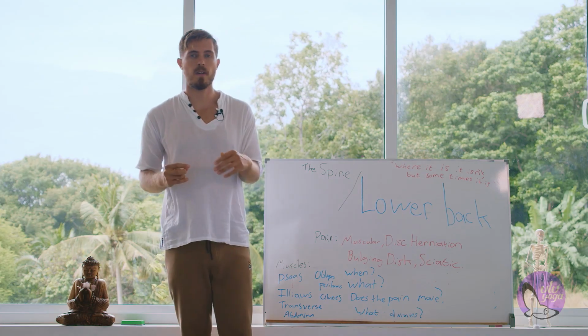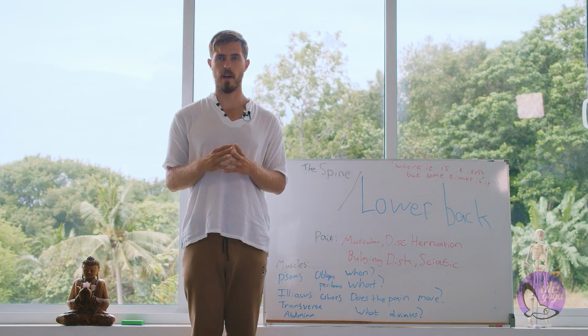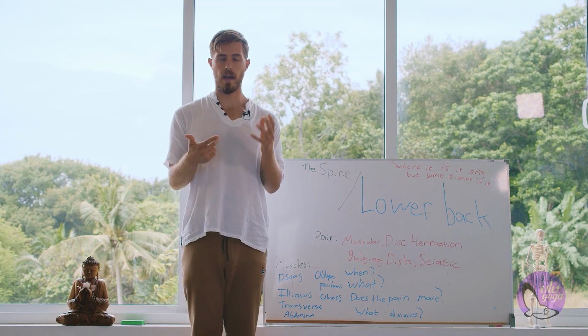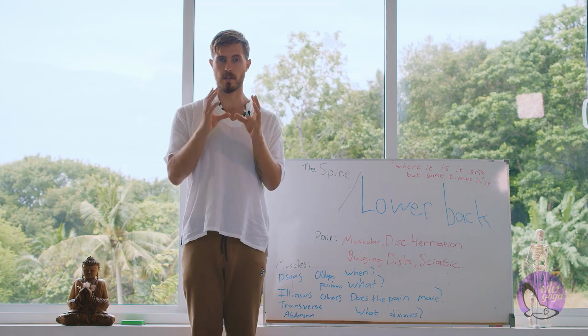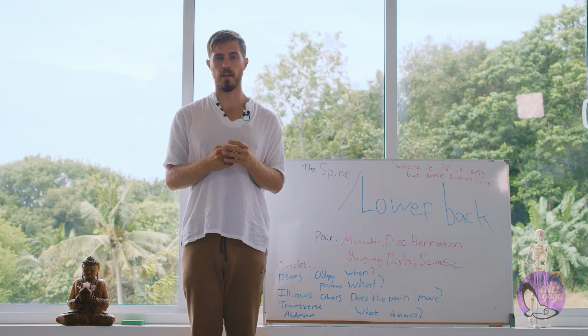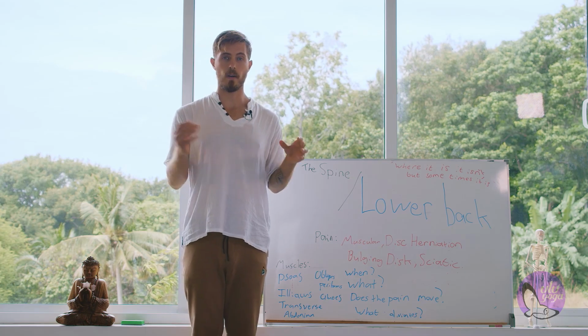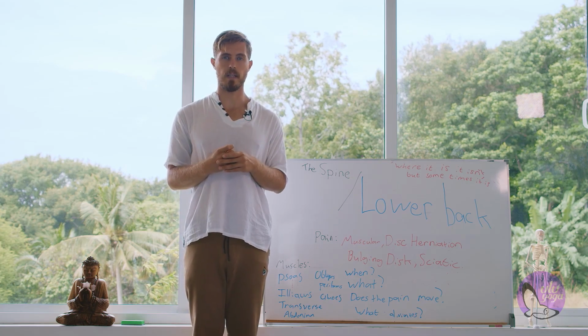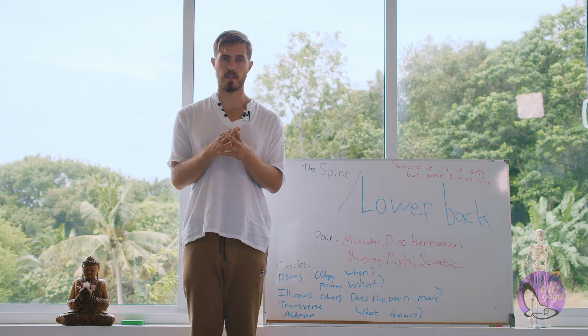In terms of joints, we've already covered them. It is the sacral and the lumbar spine, those vertebrae from L1 to L5 all the way down to S1 to S5, and maybe even the coccyx. And then also its interrelation with the pelvic girdle and the iliac crest.